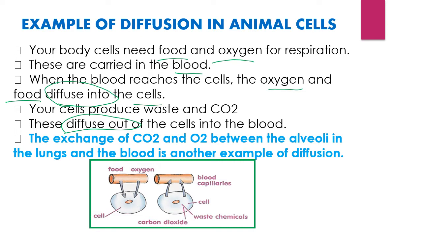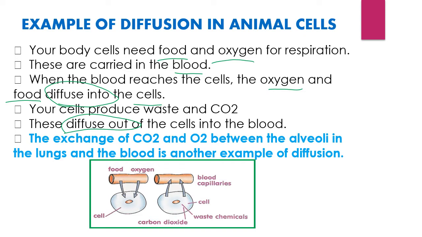So the first example here for diffusion in animal cells is oxygen and food particles diffusing into the cell, and carbon dioxide and wastes diffusing out of the cell into the blood. Second example, the exchange of carbon dioxide and oxygen between the alveoli in the lungs and the blood.